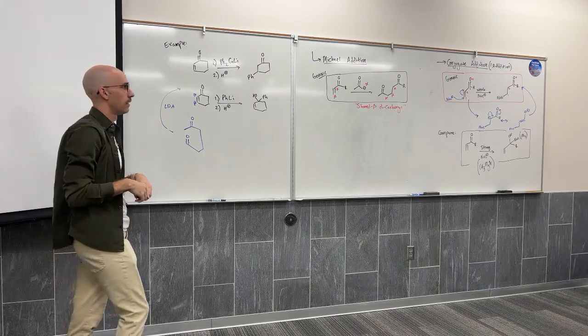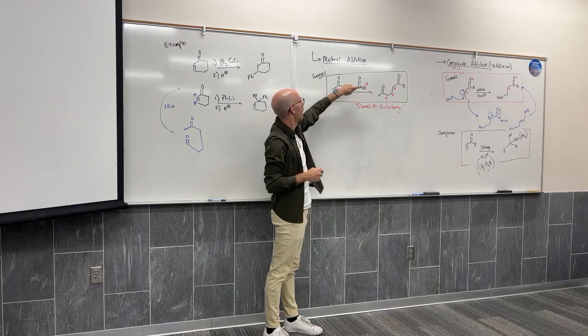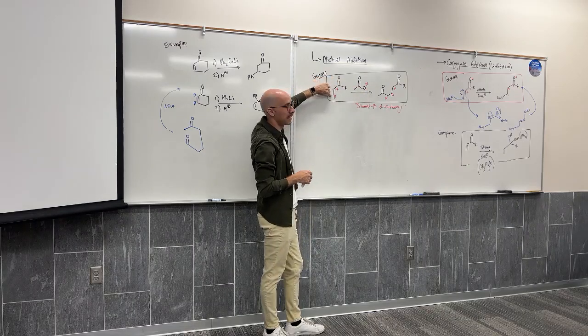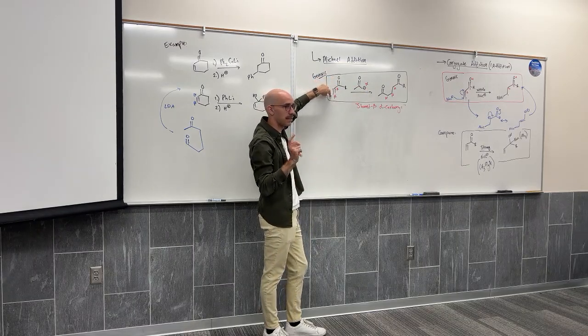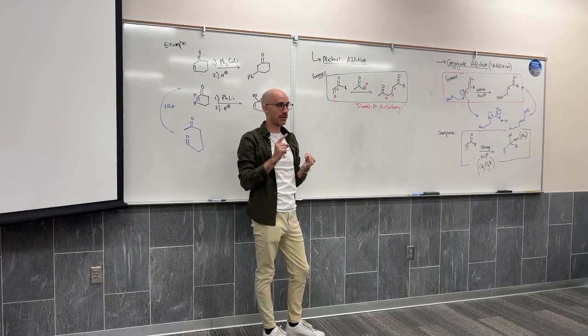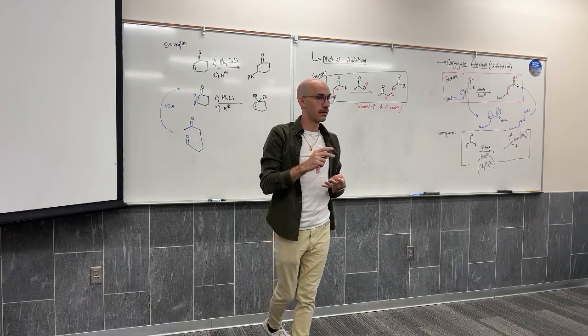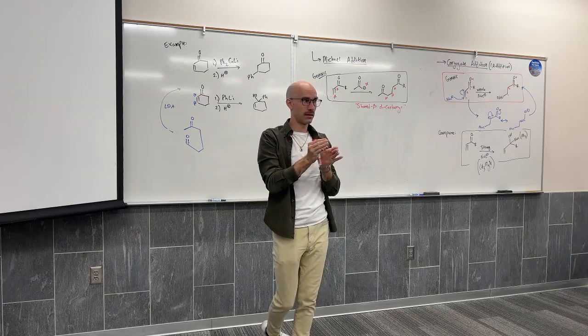The enolate's alpha attacks the conjugate's beta. That makes an alpha-beta bond without breaking the original alpha-beta connection. Not a beta keto ester, not a beta keto ketone, not a beta keto aldehyde, but a shared beta dicarbonyl.